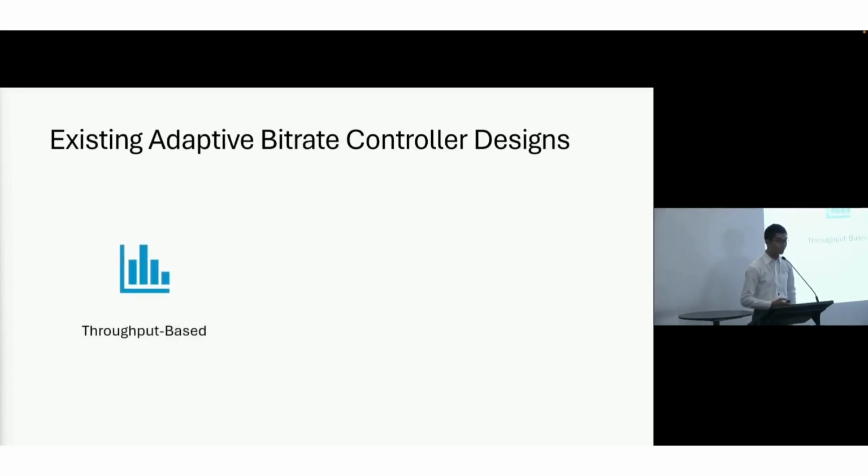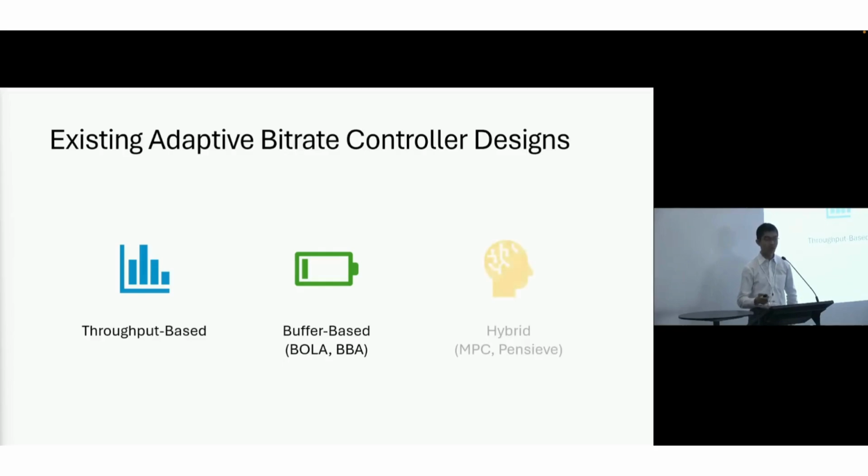Throughput-based controllers just select the bitrate according to the current predicted network throughput, very straightforward. The second group, buffer-based controllers like BOLA and BBA, look at the current buffer level and select a bitrate decision. They tend to be more robust, but unfortunately, they also tend to switch bitrates more often. The third group, hybrid, where most designs lie, tries to take into account both the predicted throughput and the current buffer level when making a decision.